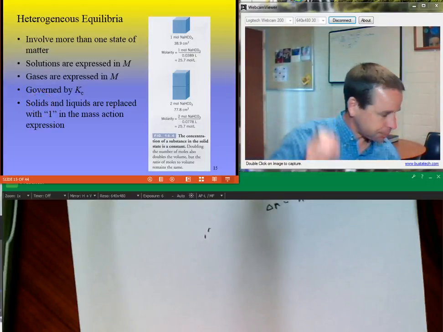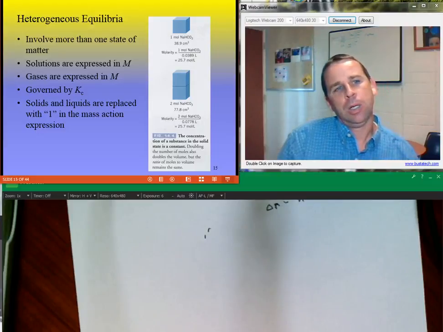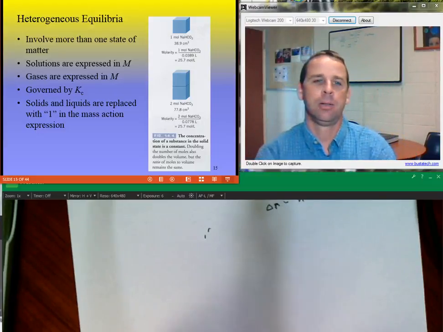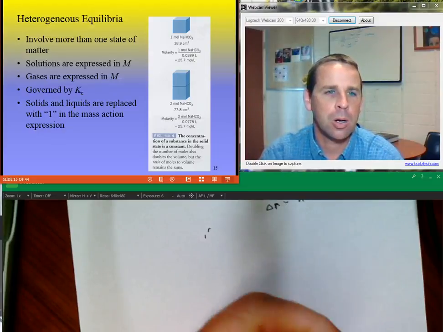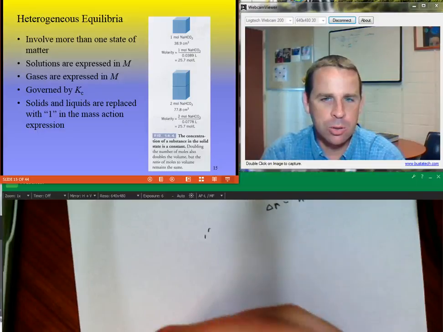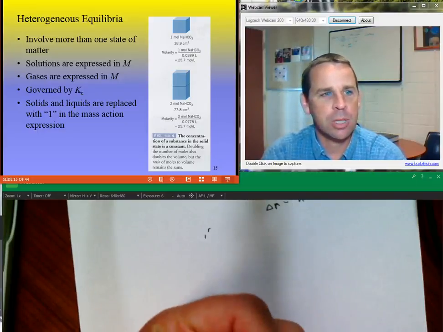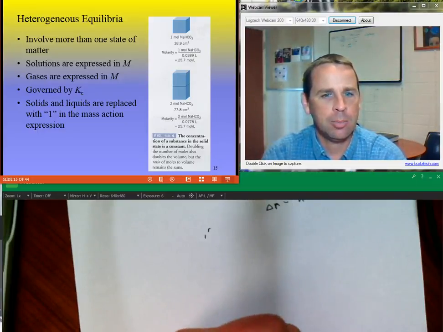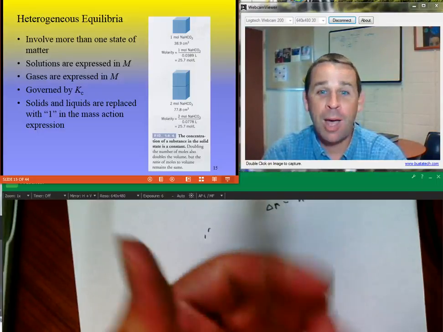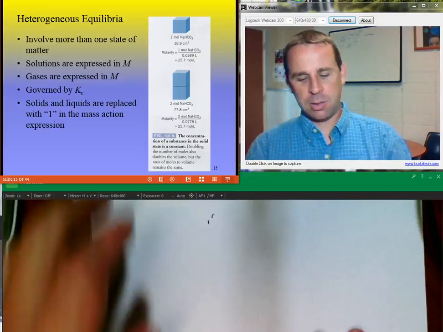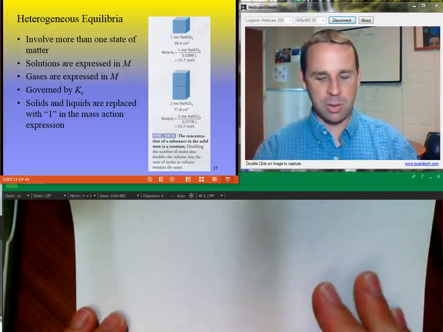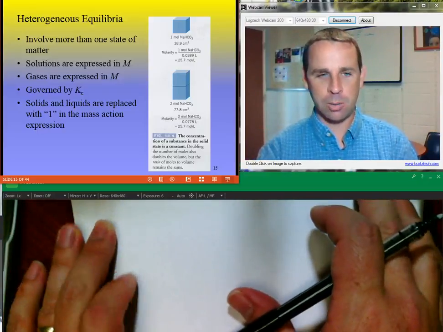Now, the equilibrium constant for a solution doesn't generally change if you add more of something to a reaction, like if you add more to a reaction of chemical units that are solid or liquid.